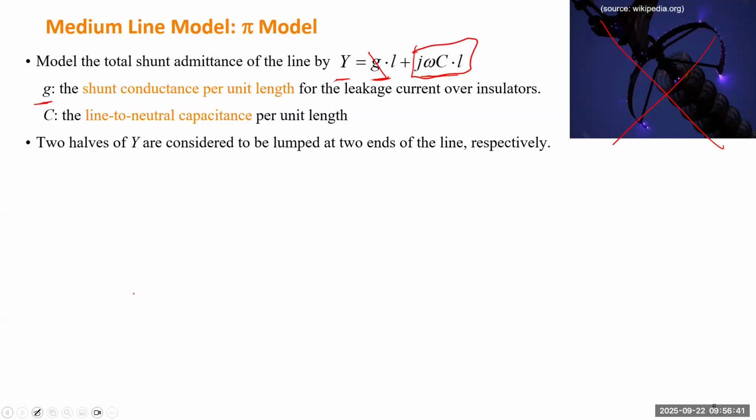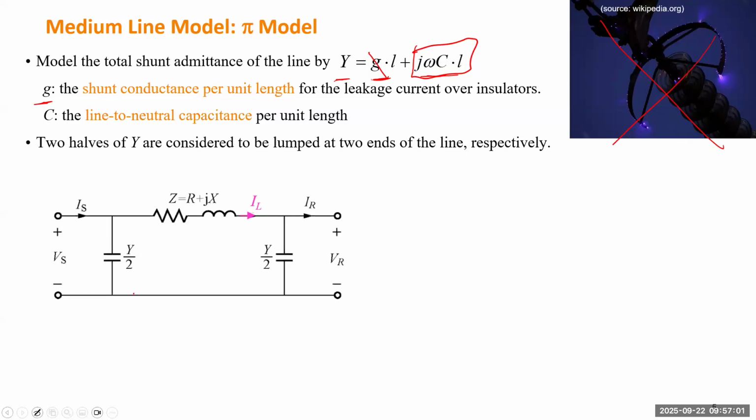All right. So to balance the left and the right hand side of the transmission line, we just split the total shunt admittance Y into half. And on each side we just treat it as a lumped model. Okay. So we'll have this pi model.